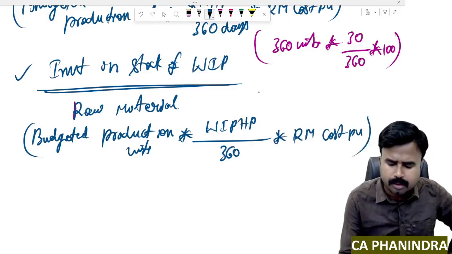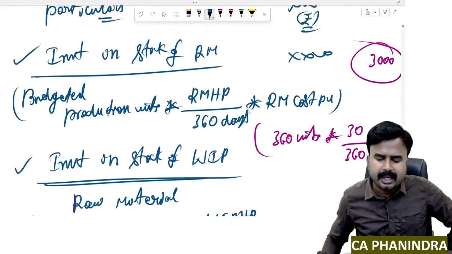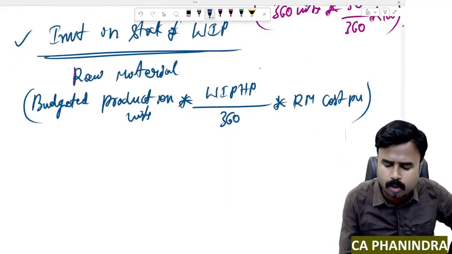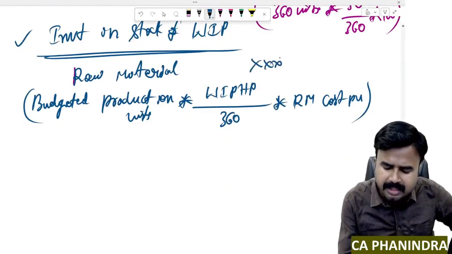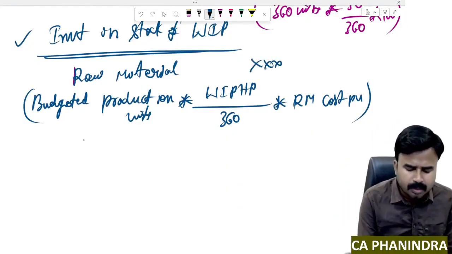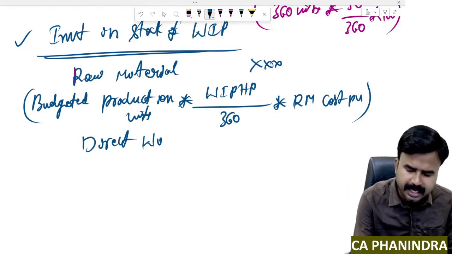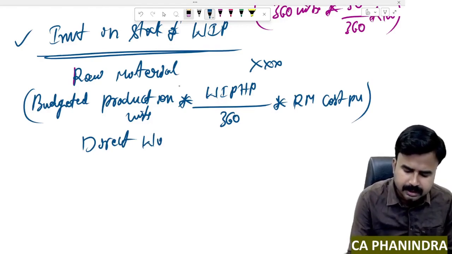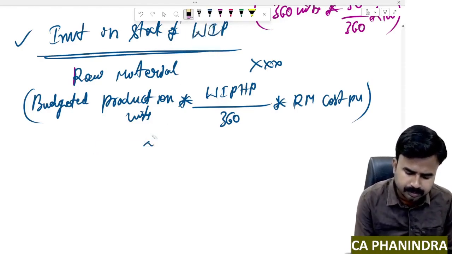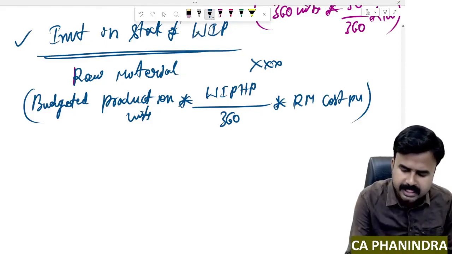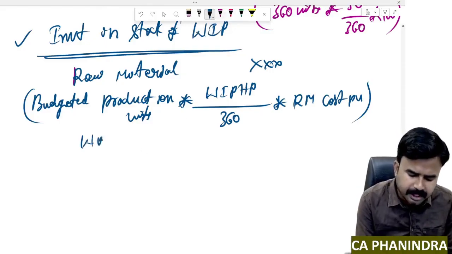Then you'll get an amount that should be written in inner column. Don't write it in outer column, because I have to write the remaining two components. One is direct wages or wages cost. I can write wages cost actually. That's better. The wages cost. This is your second cost component.